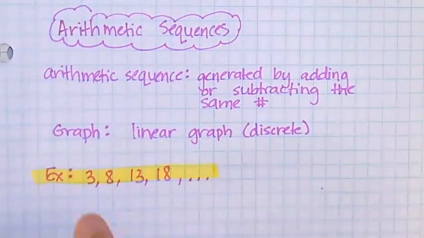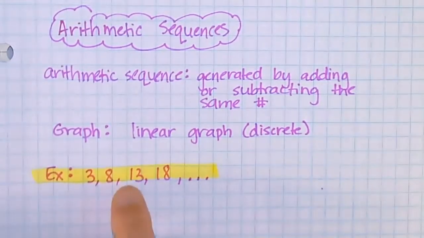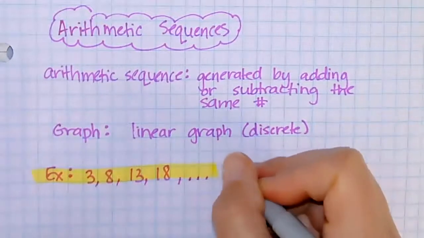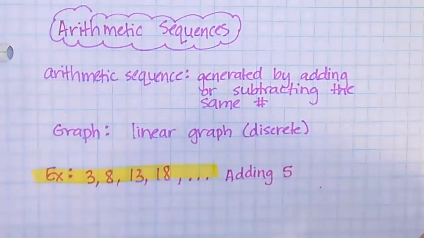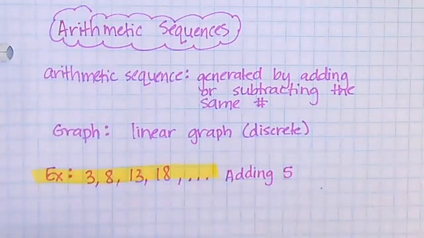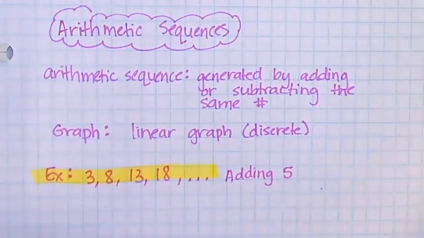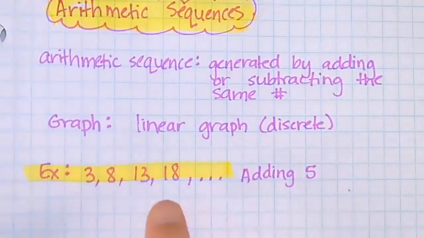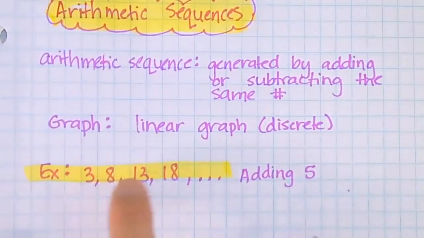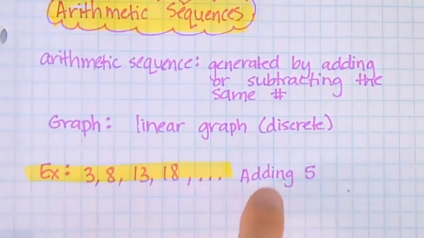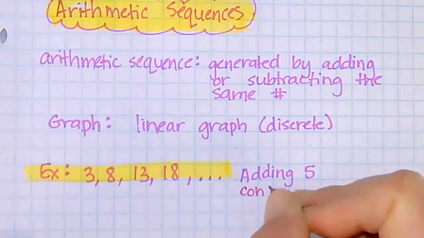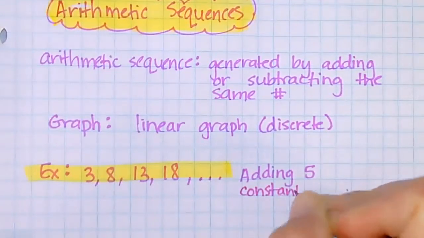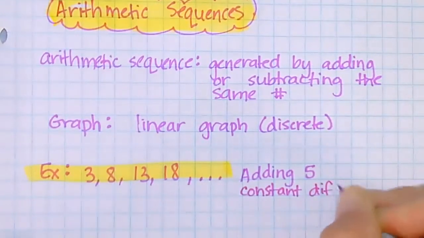In this case, I'm adding 5, adding 5, adding 5, and that's why this is an arithmetic sequence. And we call that the constant difference.